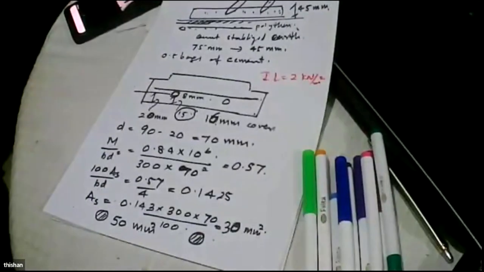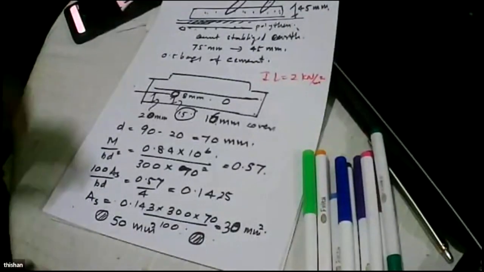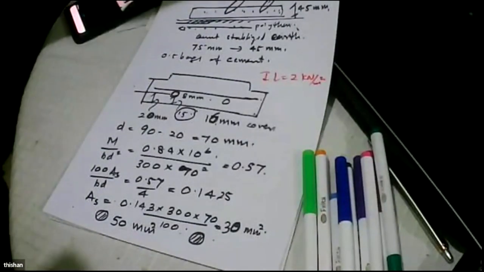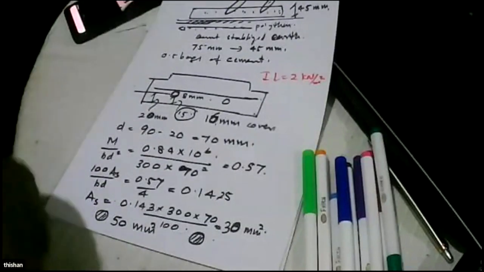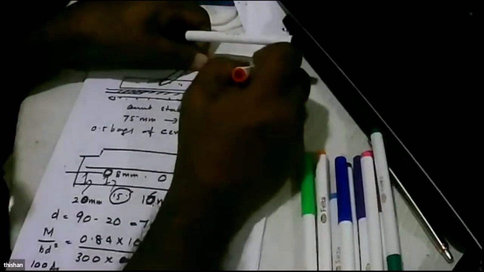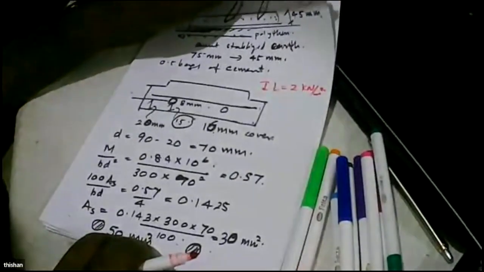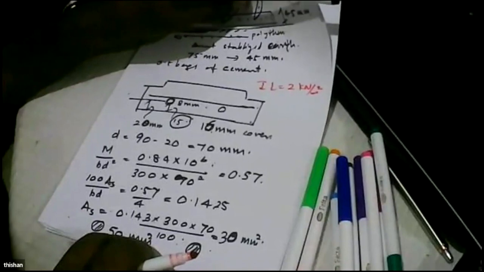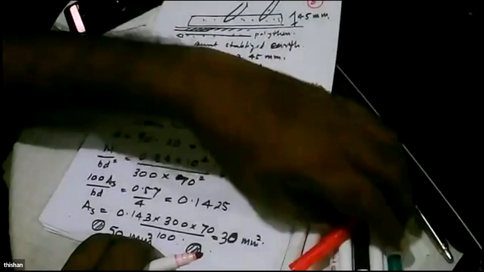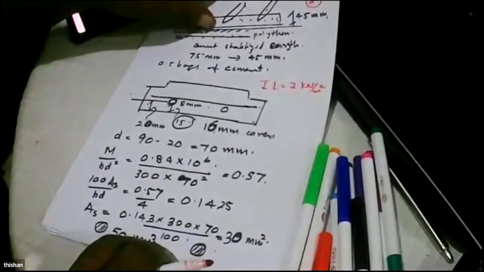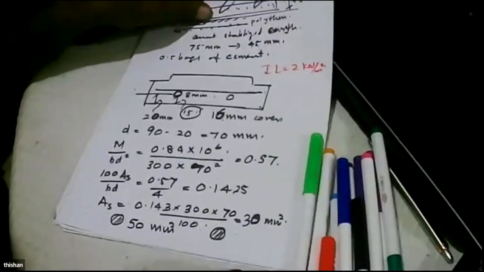So let's see what happens if the imposed load is crowd loading, 5 kilonewtons per meter squared.